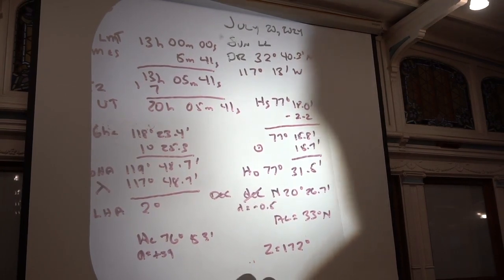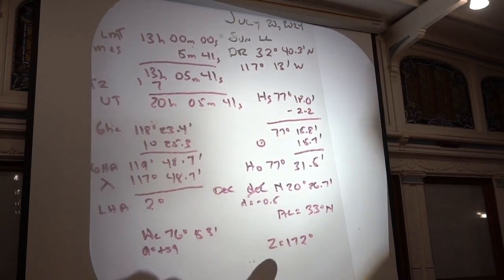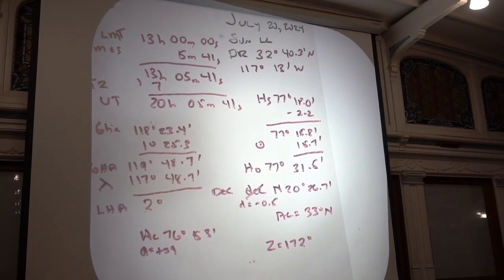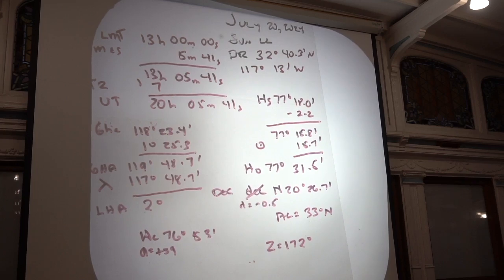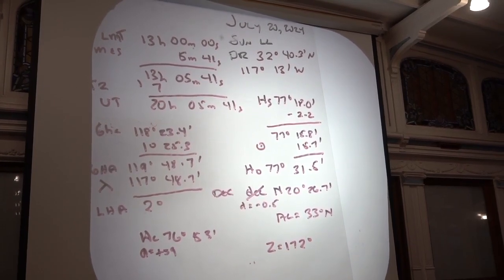So we've kind of found the azimuth, and we've kind of found the HC. We need to do a couple more things to really get there. This Z number is a raw number, and to turn it into an actual azimuth, look at the top left of the page, where it says in north latitude, if the LHA is greater than 180, Zn equals Z, and you don't have to do anything. You've already got the azimuth. But if the LHA is less than 180, which it is, you subtract that number from 360 to get the azimuth.